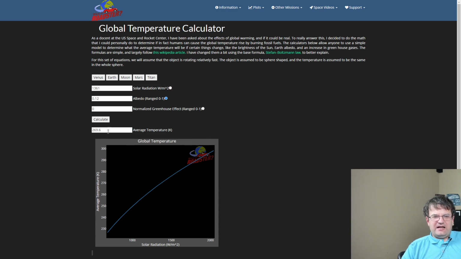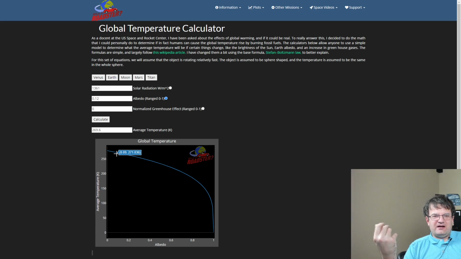Now if we click on the albedo and hit calculate again, this is how much is changed based on the reflection. As you can see, the darker something is, the warmer it's going to tend to be, which checks out. If you put something dark and something light in the sun, the dark thing will tend to be a lot warmer when it's receiving direct sunlight.